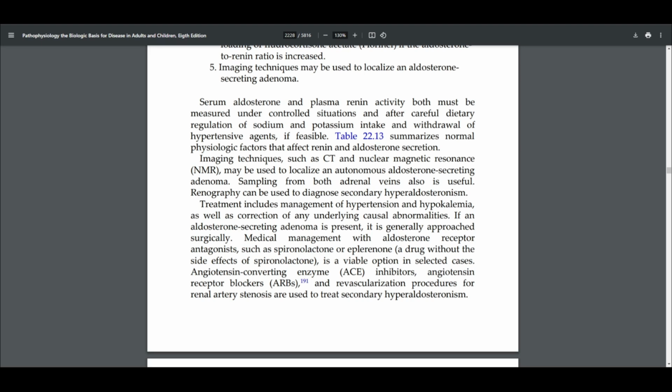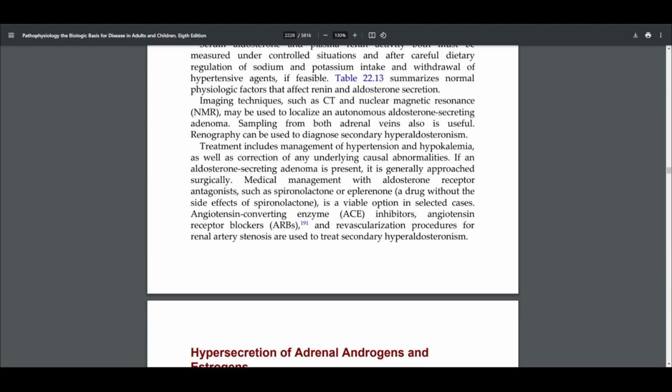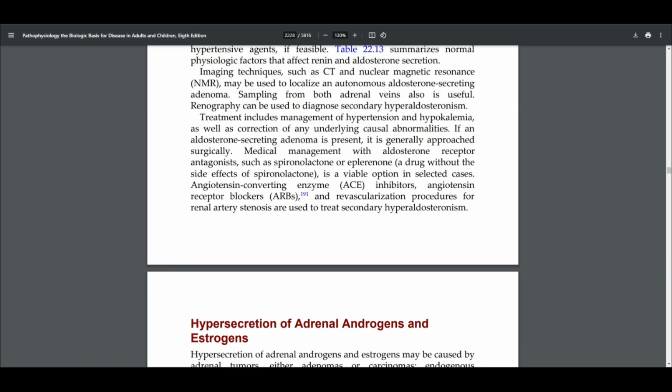Treatment includes management of hypertension and hypokalemia, as well as correction of any underlying causal abnormality. If an aldosterone-secreting adenoma is present, it is generally approached surgically. Medical management with aldosterone receptor antagonists, such as spironolactone and eplerenone, is a viable option in selected cases.